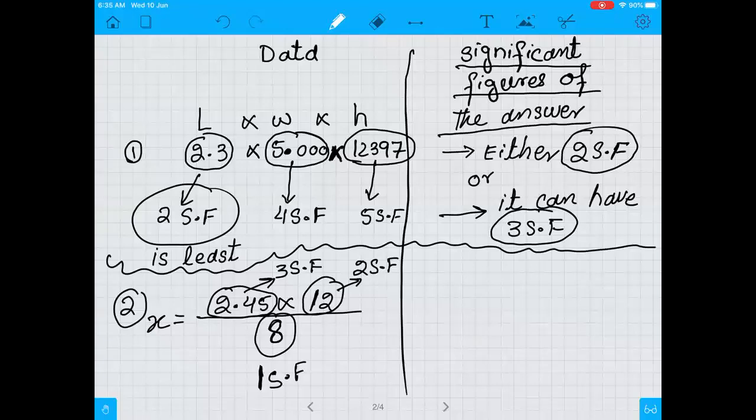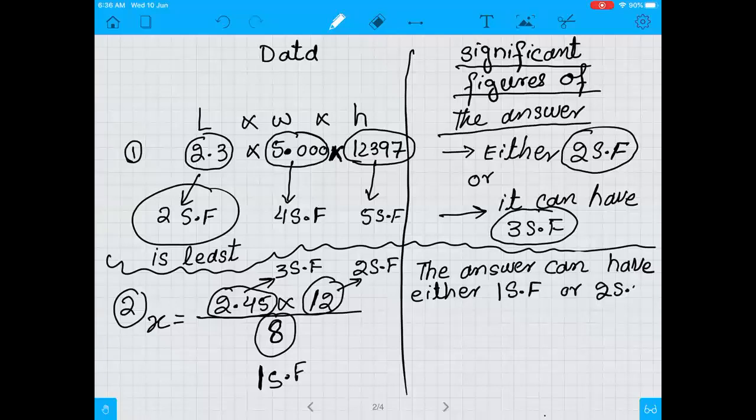So we can say that the answer can have either one significant figure or two significant figures are also acceptable.